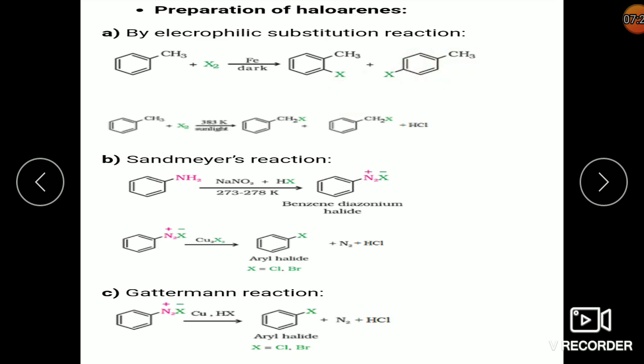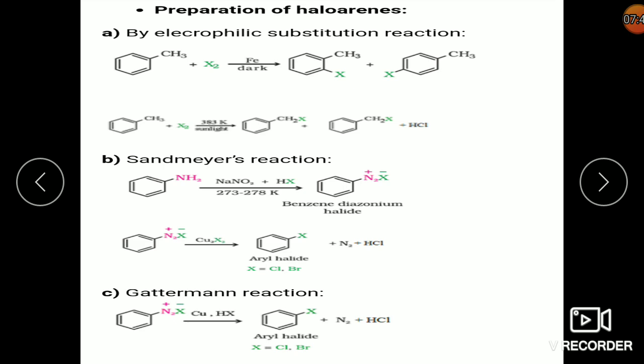At the ortho position, one halogen will get attached, and in the para position it will get attached. Out of these 2, which one is stable? This para isomer will be more stable than the ortho. So in the reaction, the para isomer will form more in percentage than your ortho derivative.